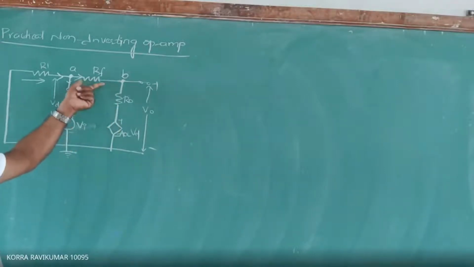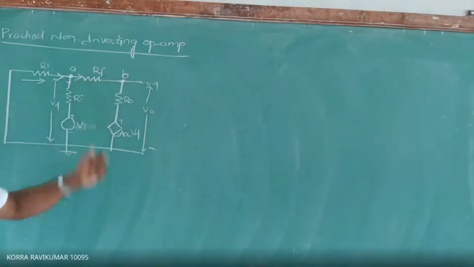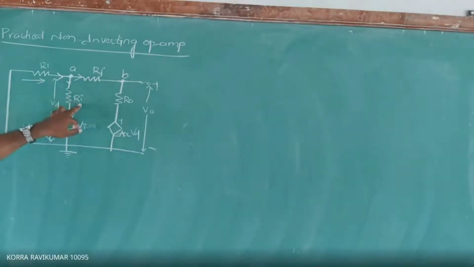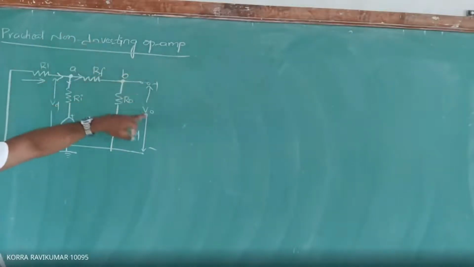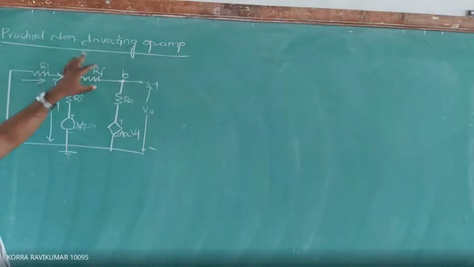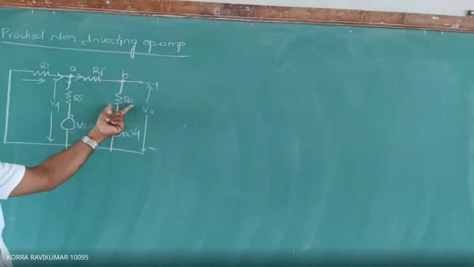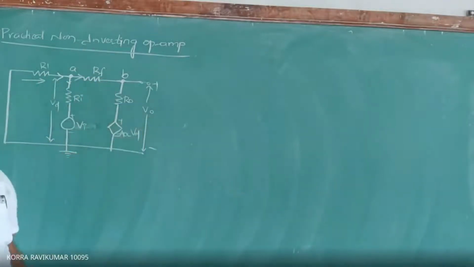Vd is the voltage across Ri, Vi minus Vd is the voltage across R1, Vi minus Vd minus V0 is the voltage across Rf, and across R0 the voltage is V0.